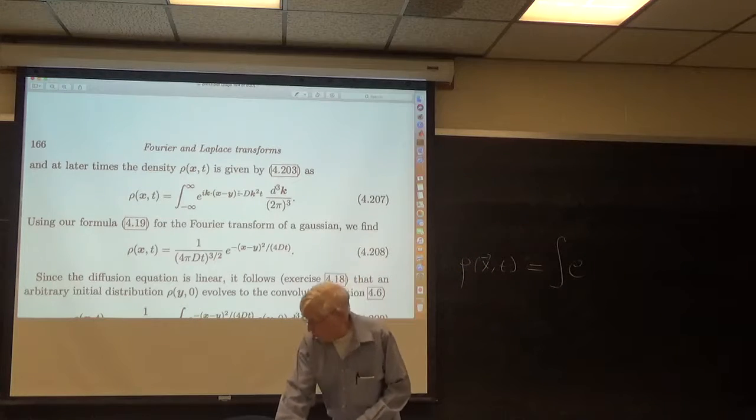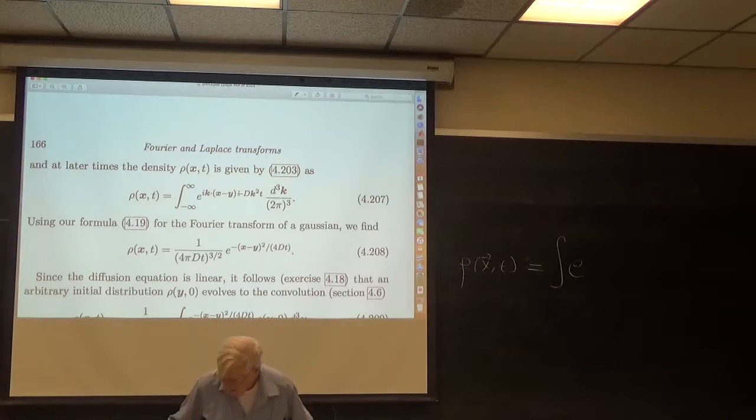I don't need to write it on the board. We had rho of x and t, a sort of Fourier-Laplace transform, if the initial time zero density was just a delta function at y, and after we do the integration, we then get this expression here.